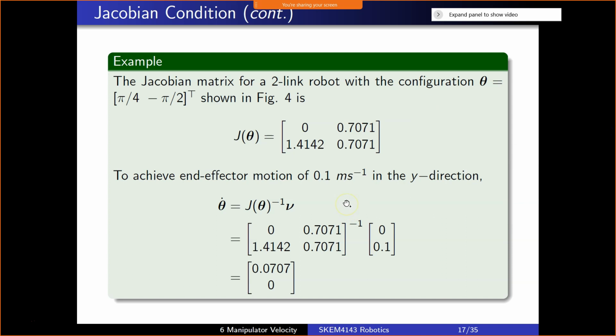So what does it mean? How does our end effector move if I say that I want to achieve end effector motion of 0.1 meter per second in the y direction? What does it mean physically?